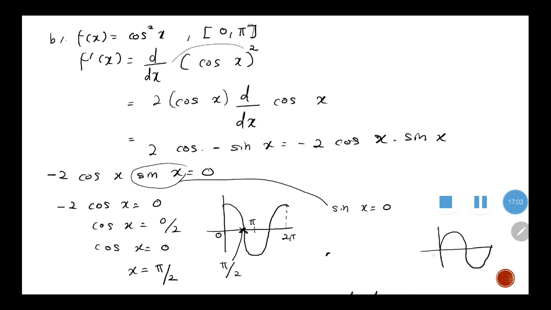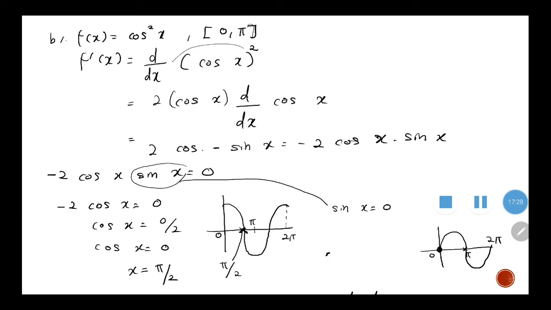Okay, so this is 0, and this is pi, and this is 2 pi. At what point is the value of x 0 in the sine graph? Can you see it?